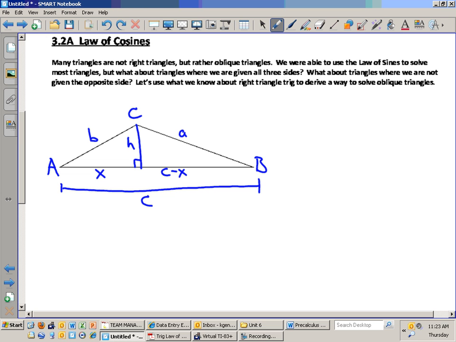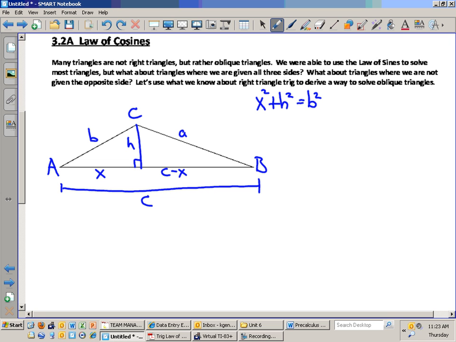As you look at this piece, I want to write another type of relationship, different from the law of sines. And this time, I'm going to be using this x and this c minus x. So I'm going to write down one expression right now, and we'll see what you think about it. I'm going to say that x squared plus h squared is equal to b squared.